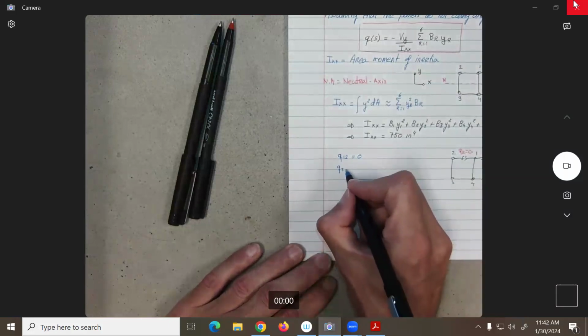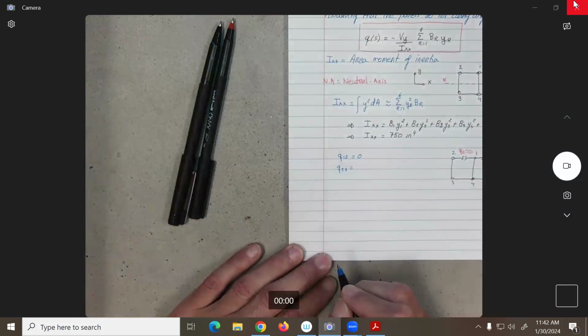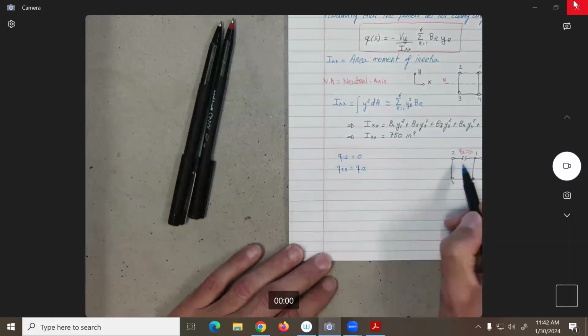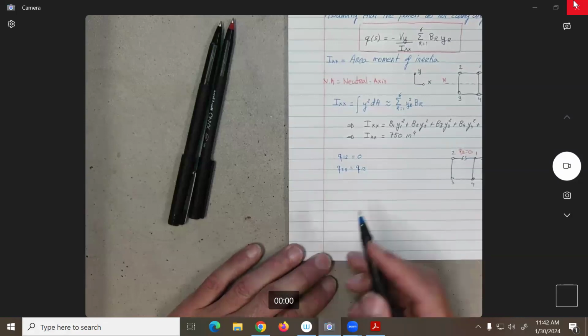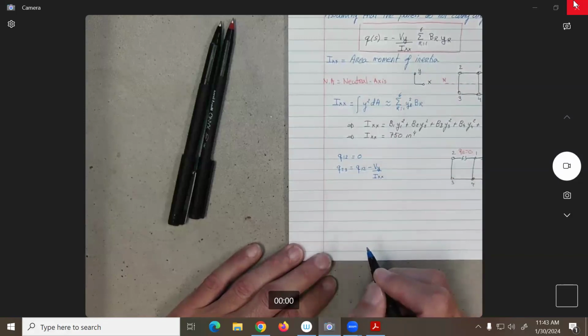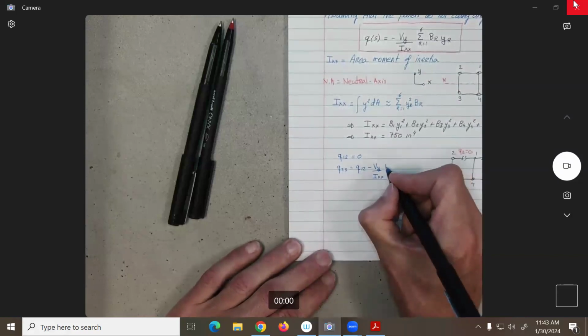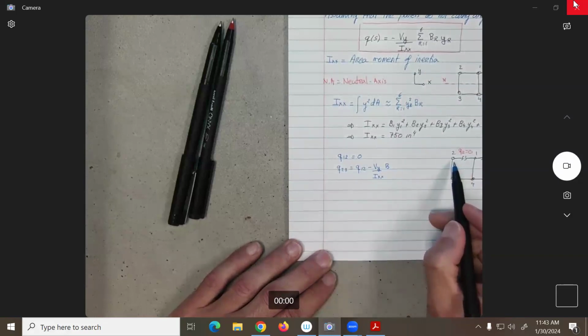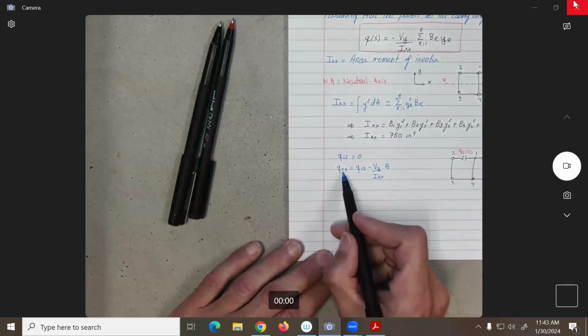Next, Q23 should be equal to what? Whatever you had before, Q12 plus Q sub s, which is equal to what? Minus Vy over Ixx. And what are we doing? We're going from where to where? What is the initial one? We're going to use the first index here.